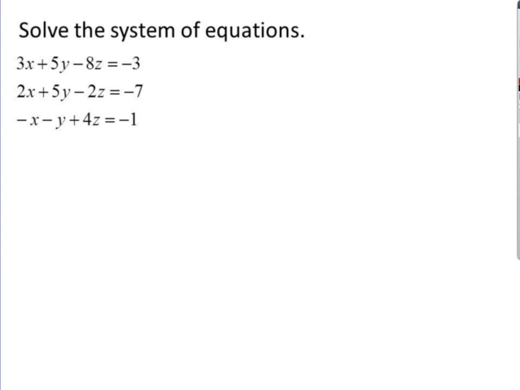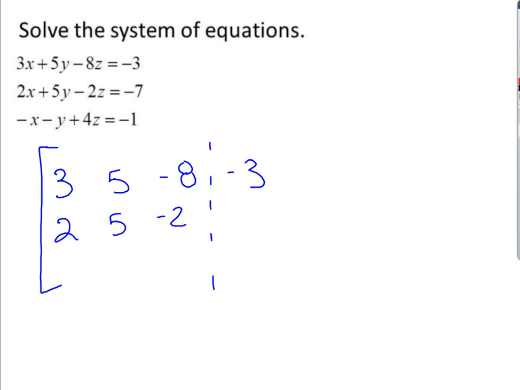On this one, again, we're going to start by finding our augmented matrix. From here, you'll put in your matrix A, your matrix B into your calculator.